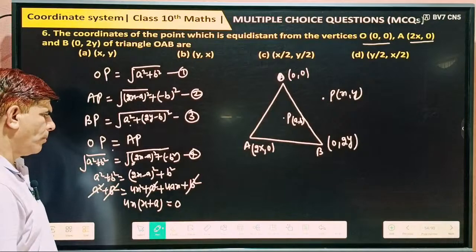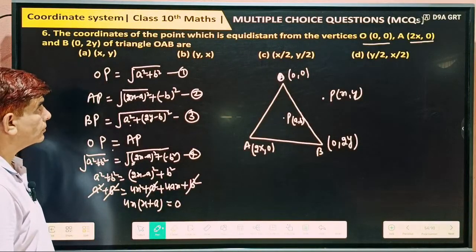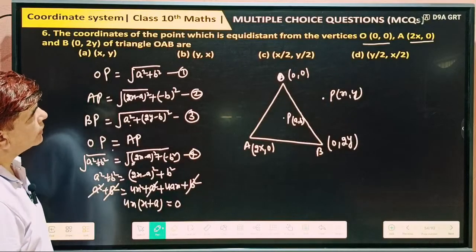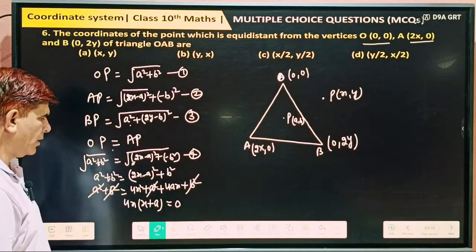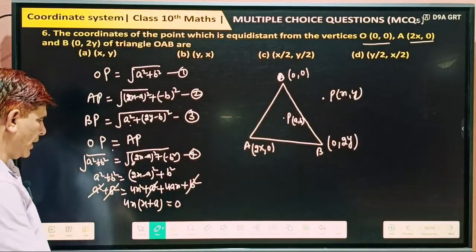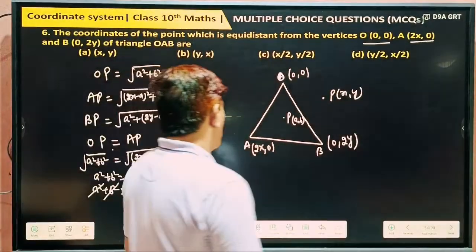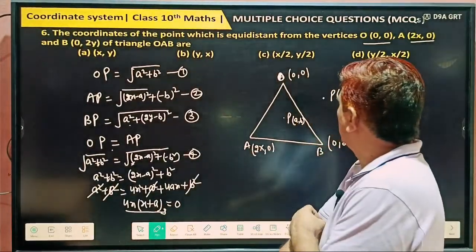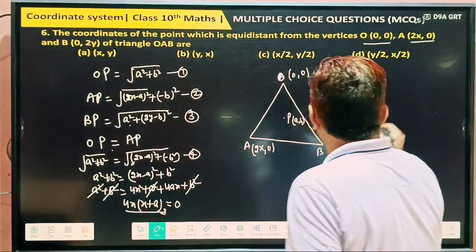Yes or no? So it is equal to 0. 4x we have taken. So what's your x? From this find out. If we can find out this, what is that? x minus a equal to 0.